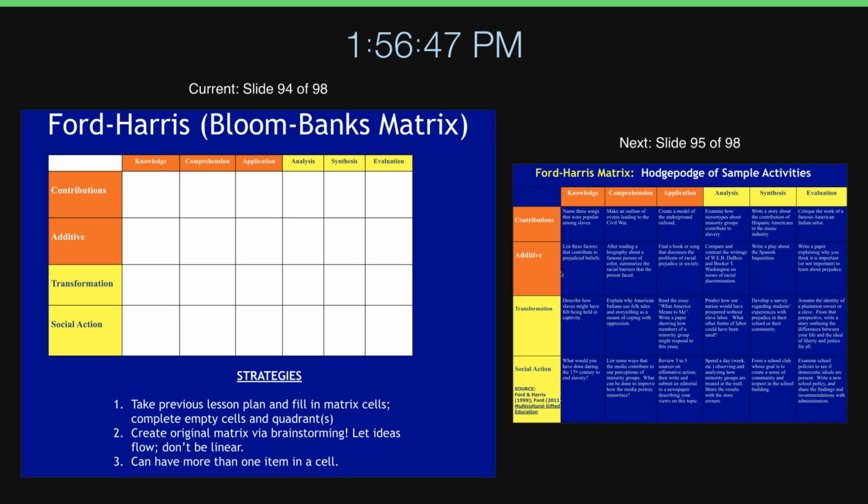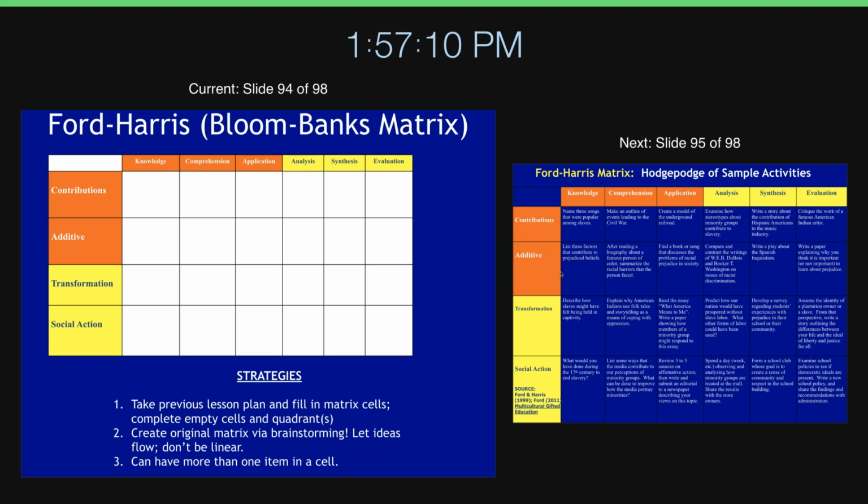And even if you don't have full permission to do that, you can at least tinker, and I mean that in a good way, with your curriculum, so that you are getting at the higher levels of Bloom's and the higher levels of the two.